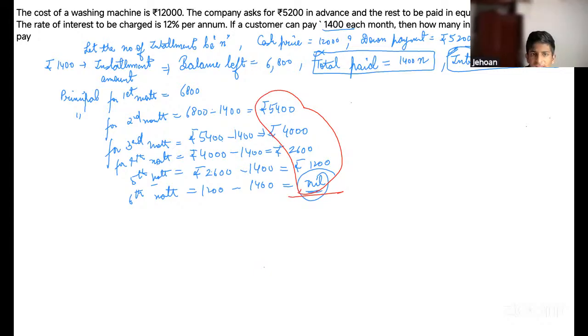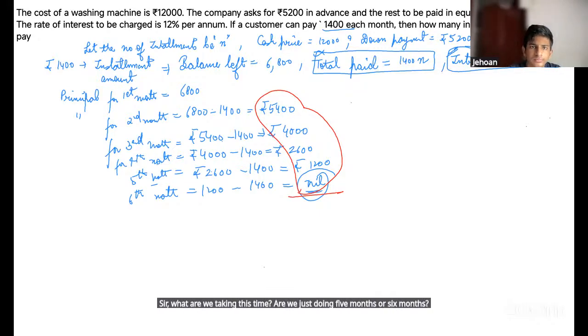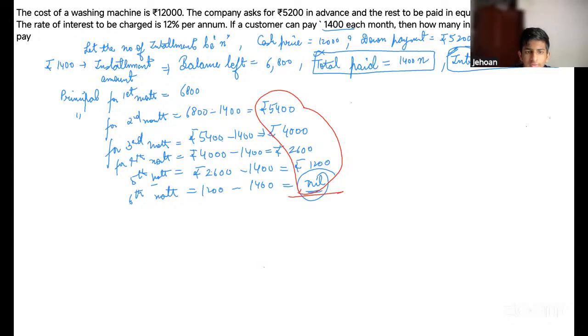Sir, what are we taking as time? Are we just doing 5 months or 6 months? Or is it 1/12?